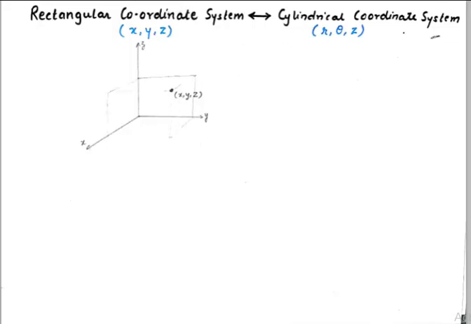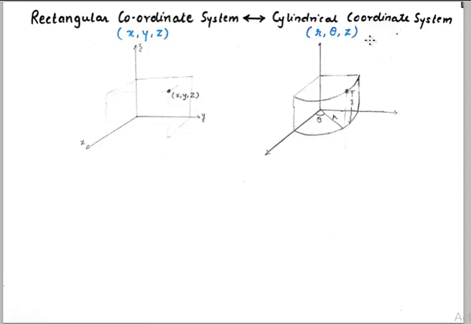So that's how you get a picture of the rectangular coordinate system. However, if we go on to draw a point in a cylindrical coordinate system, please understand the point is still the same, but the depiction has changed.